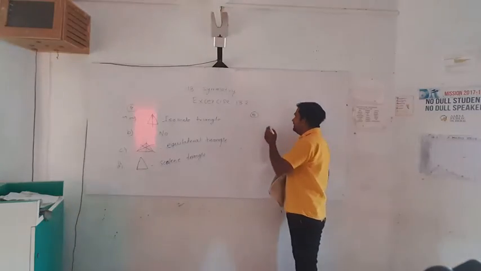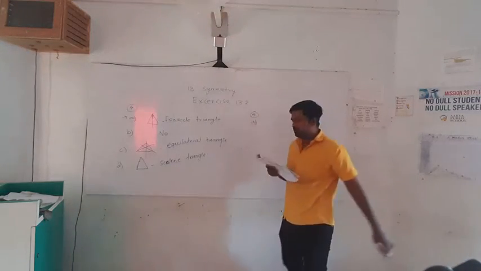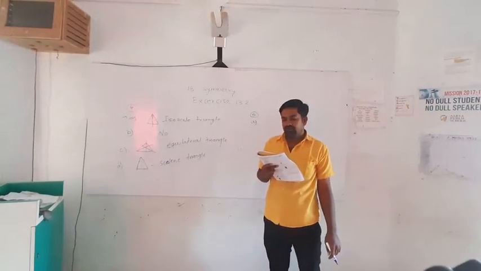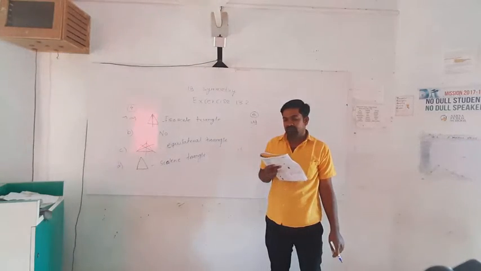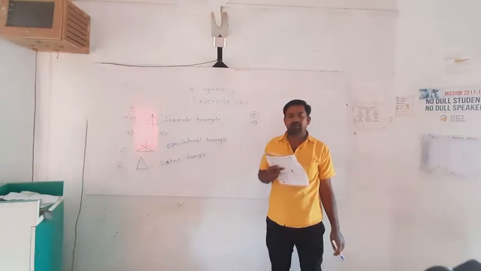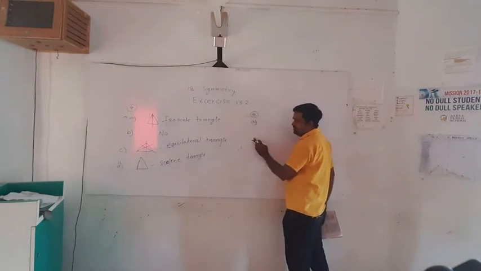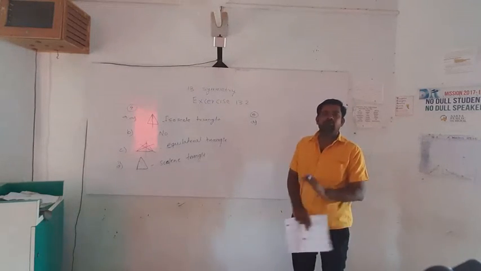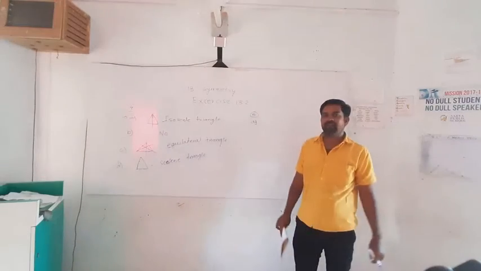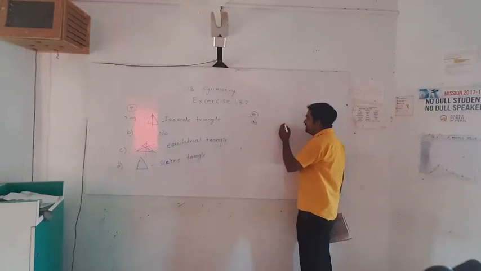Question A: they have given a triangle with a horizontal line of symmetry but no vertical line of symmetry. It means only the horizontal line is a line of symmetry of this triangle, but not the vertical, meaning not the standing line. So like this you want to draw the triangle.